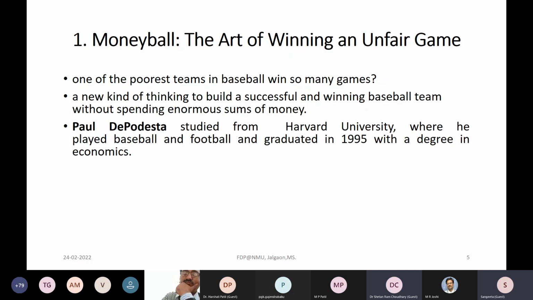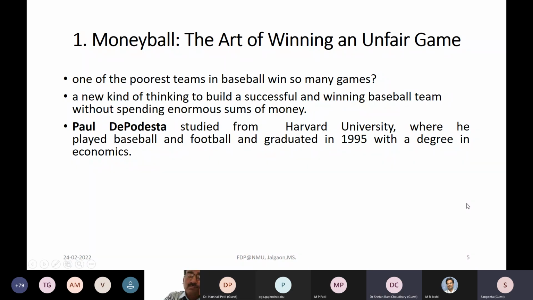That is when he met Paul DePodesta, who graduated from Harvard University and also had a degree in economics from Yale University. Paul had the idea that using statistics, we can predict which players can play well but are not taken up by teams, so they are not getting played or paid.